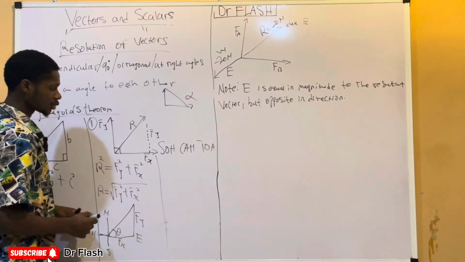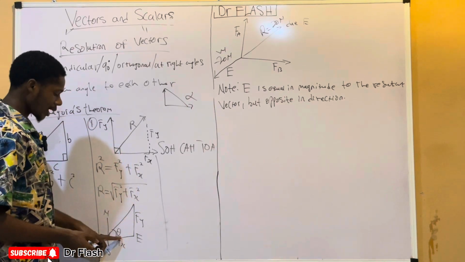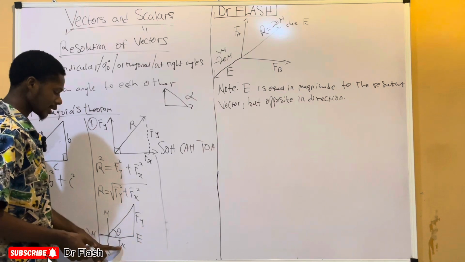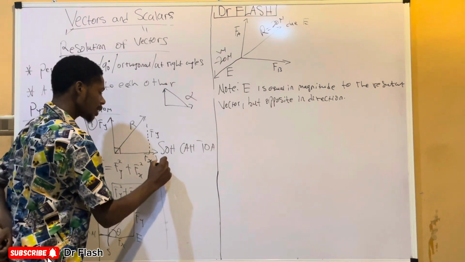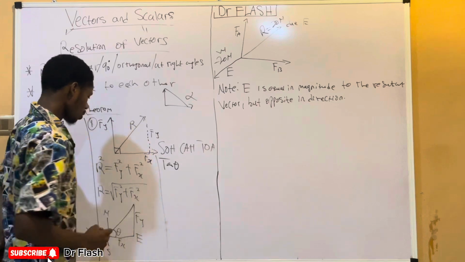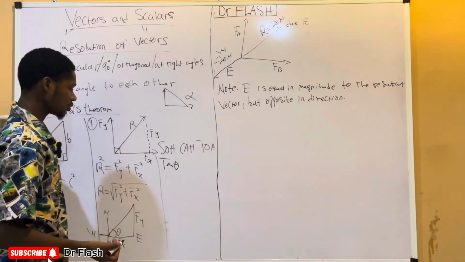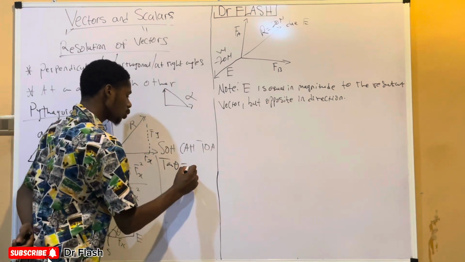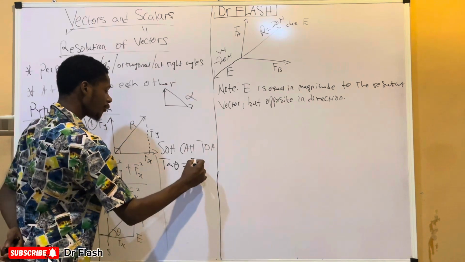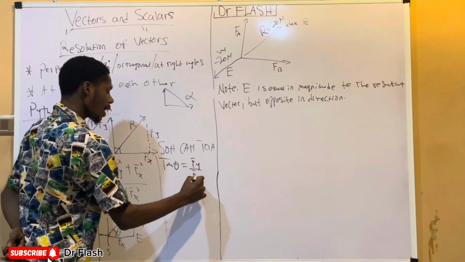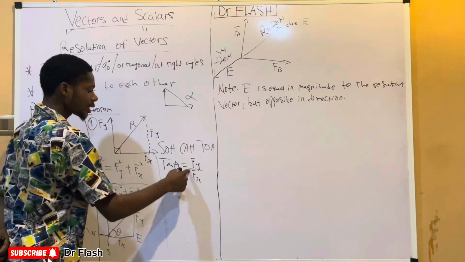Now for this direction, remember tan of an angle is opposite over adjacent, which is f of y. It means tan of the angle theta, or should we call the angle theta or phi? It doesn't really matter, let's call it theta, is equal to opposite, which is f of y, over adjacent. Now to get the angle, we'll take tan to the other side.